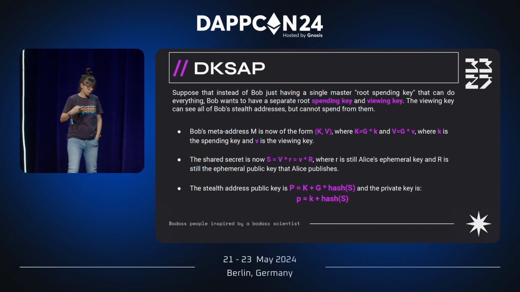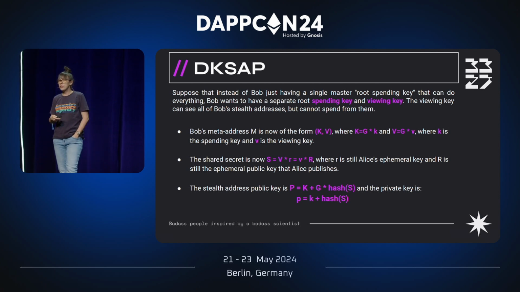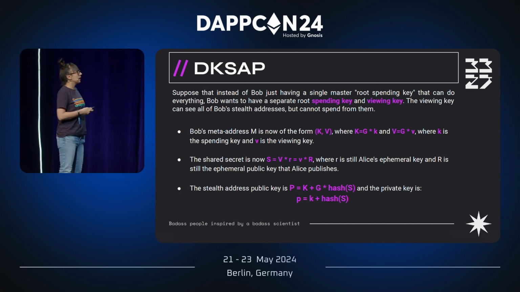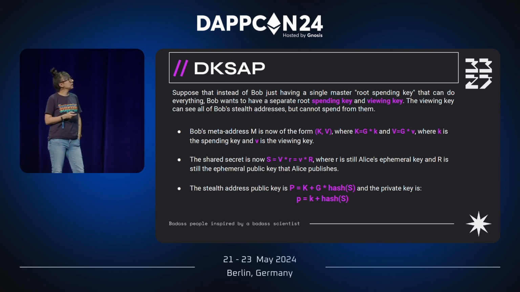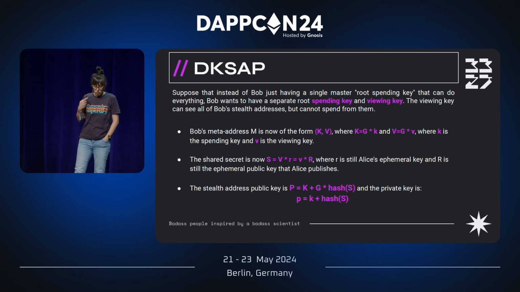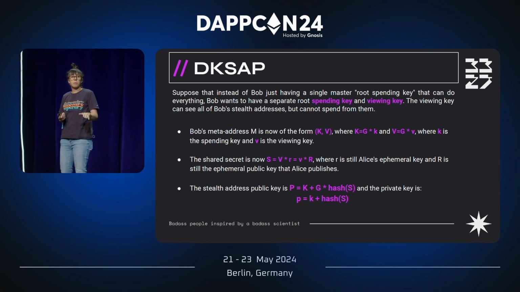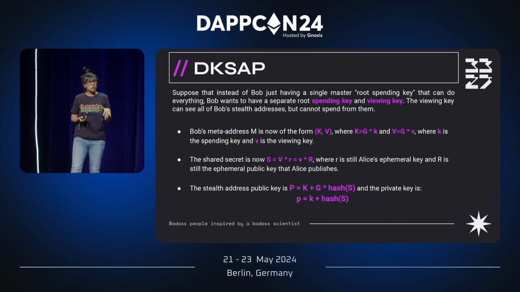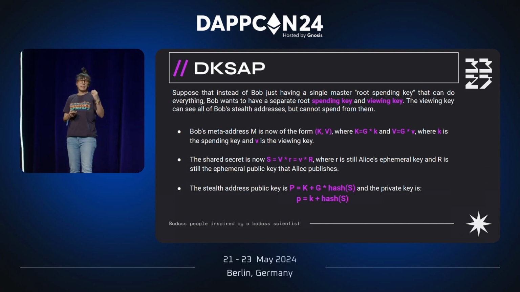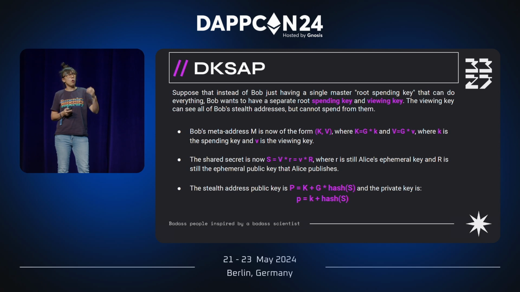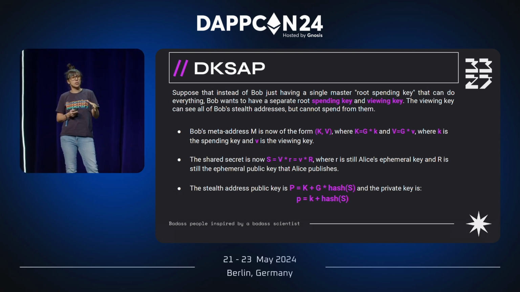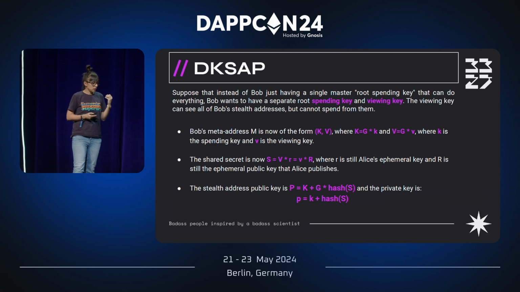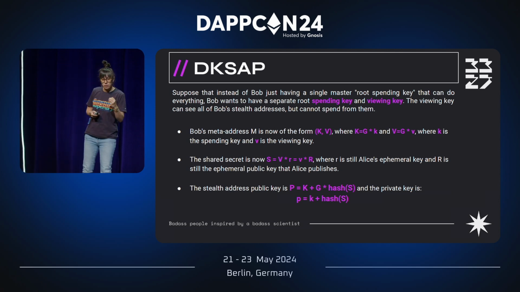And we can add more things. We can add one more feature. For example, we can add the viewing key. So we can add little v and large V. What is the viewing key? For example, if you have a tax inspector and you want to prove that you paid all your fees for transactions, all your taxes for your transactions, well, you need to be able to prove this.